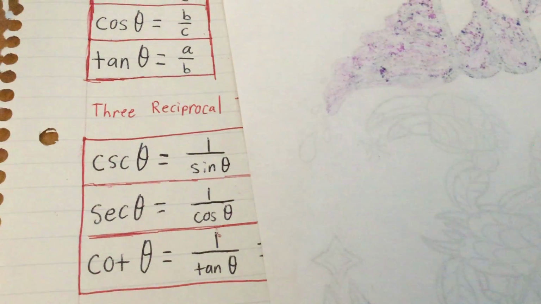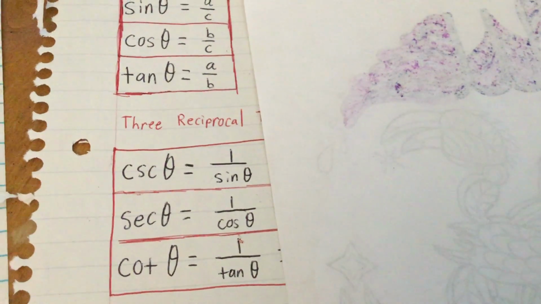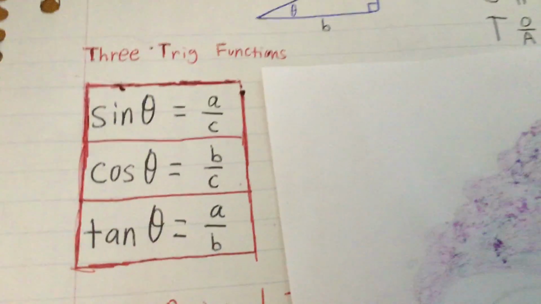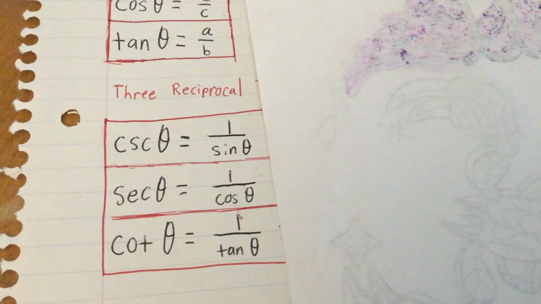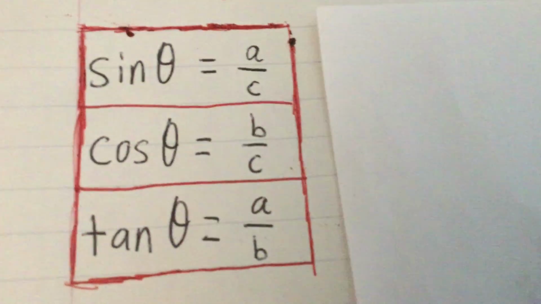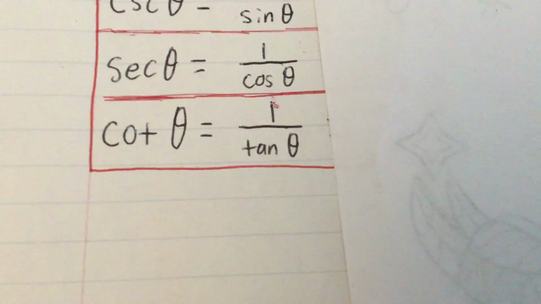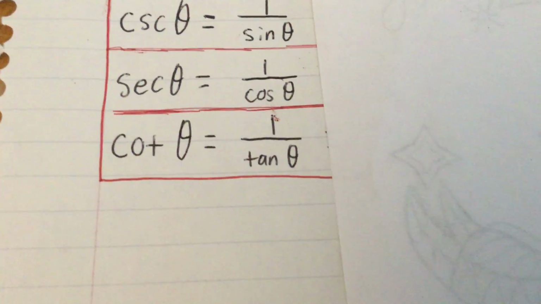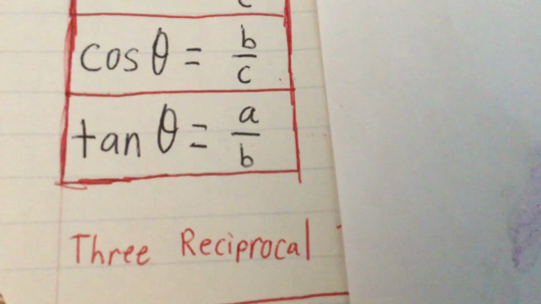So if we know that cosecant is 1 over sine, that means that the cosecant ratio is the reciprocal of the sine ratio. And the secant is the reciprocal of cosine, 1 over cosine. So therefore, secant is the reciprocal of the cosine ratio. And cotangent is the reciprocal of tangent. Cotangent is 1 over tangent. Therefore, what's the reciprocal of the tangent ratio?